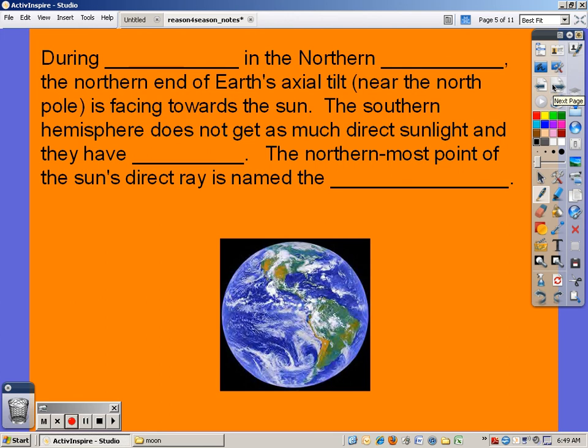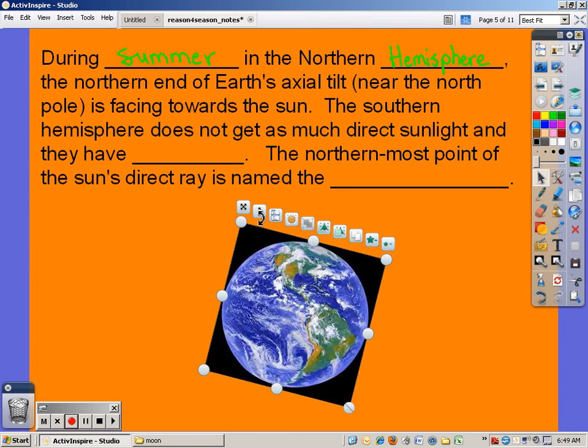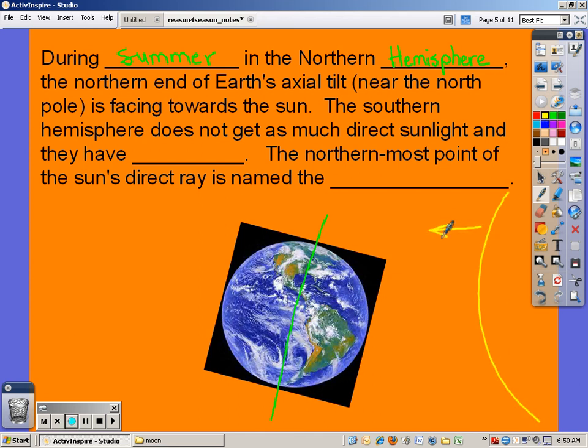All right. During summer in the northern hemisphere, the northern end of the Earth's axial tilt near the North Pole is facing towards the sun. So, here's our Earth, there's our tilt, here's the axis, with the sun being over here.